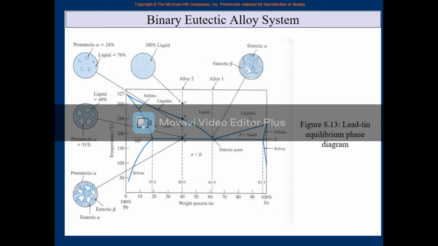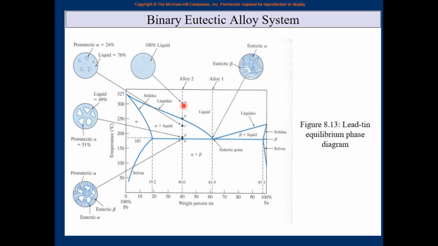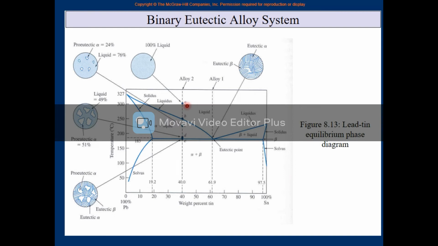Then we will find, at different temperatures, at a temperature of around 300, we have point A. The first question: how many phases are there? Only one phase, the liquid phase. Second question: what is the composition of this liquid phase? 40% tin, that is it.